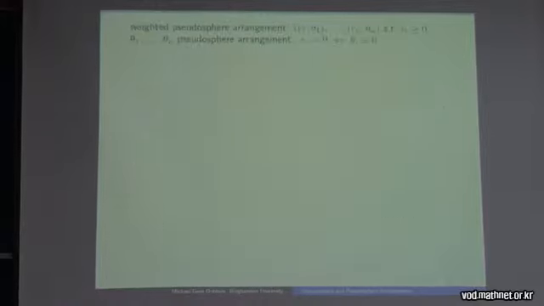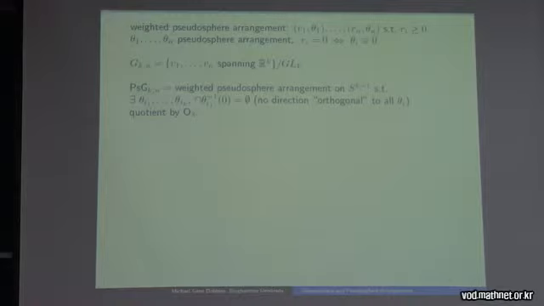And now I have a space of weighted pseudosphere arrangements, and I want to consider the space PSG, which consists of weighted pseudosphere arrangements on the k-1 sphere, but satisfying some conditions which are related to that of the Grassmannian. So if we recall, for the Grassmannian, n vectors that span R to the k. So I need something like spanning R to the k.